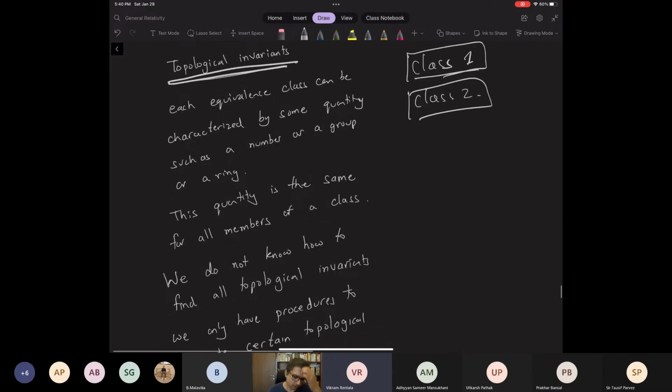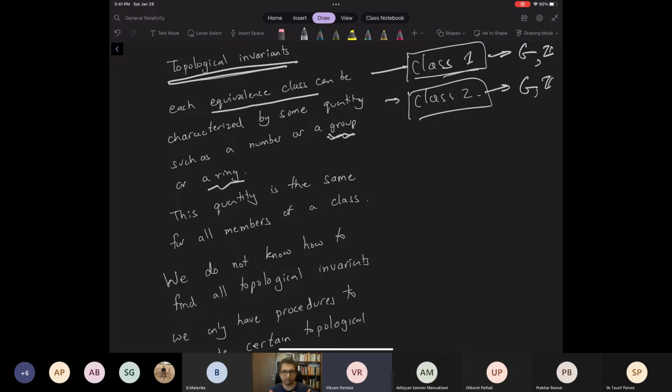So roughly the idea is each equivalence class, let's say class 1 or class 2, can be characterized by some quantity, such as a number, or a group or a ring. These groups or rings are mathematical quantities. Groups you're familiar with, but basically you associate a group with the class, or you associate a number, some element of integers, with this class.